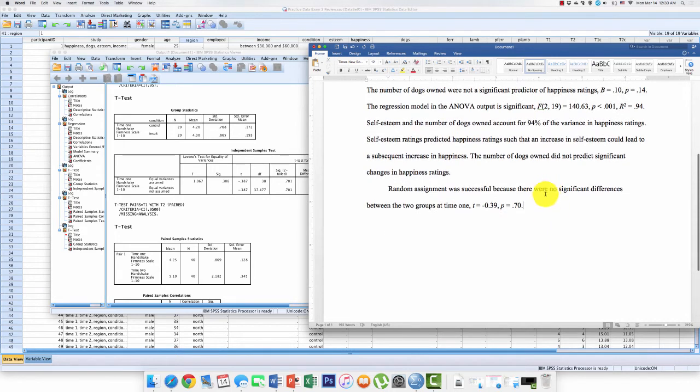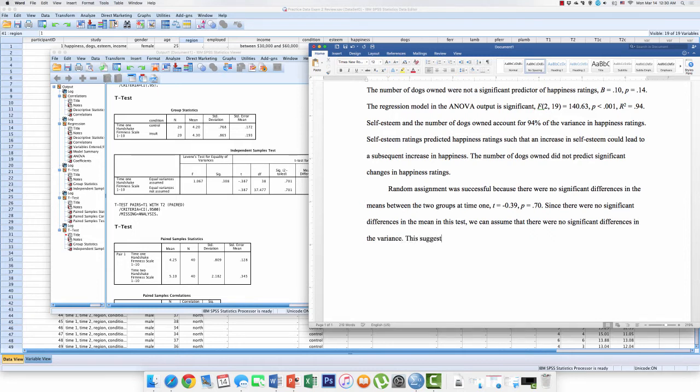Okay, and then we can kind of break this down a little bit more. Significant differences in the means between the two groups at time 1. Okay, now we can say since there were no significant differences in the mean in this test, we can assume that there were no significant differences in the variance.